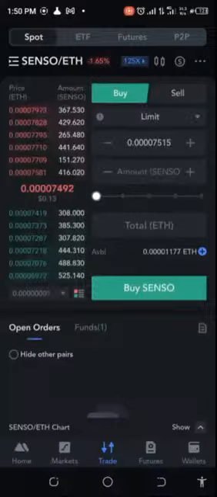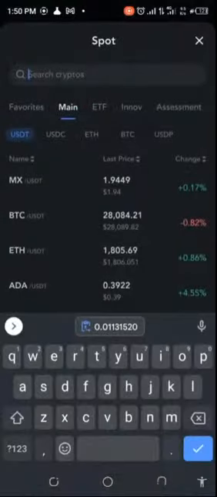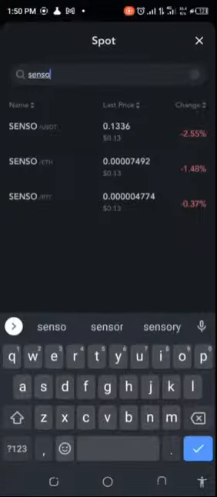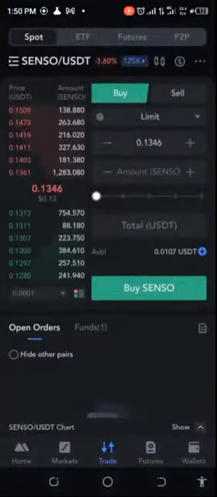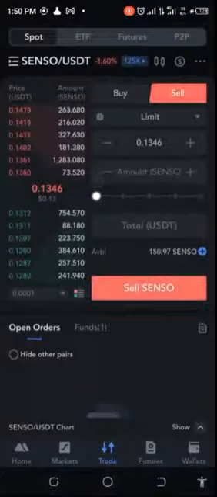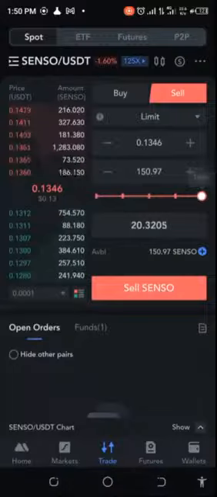Okay, so I'm back and it has already bought the Senso ETH, but I'm seeing something here. That Senso USDT is looking like it's really going low. So we have it here, but if we have to sell, don't forget we started out with 20.32. Okay, it's looking like it's going to give us back our money.